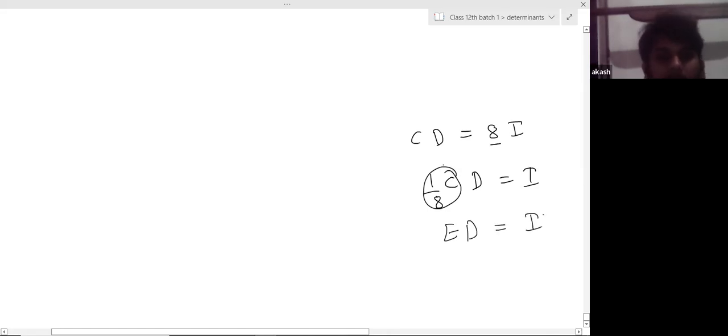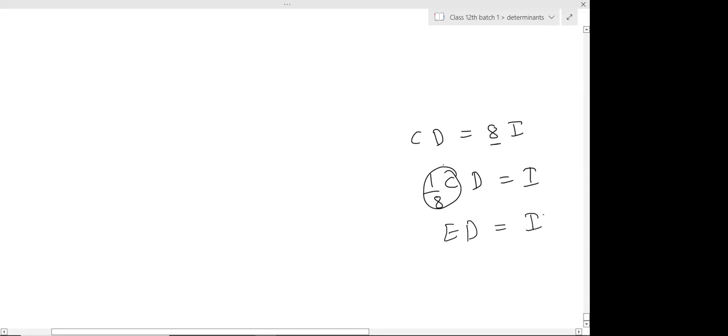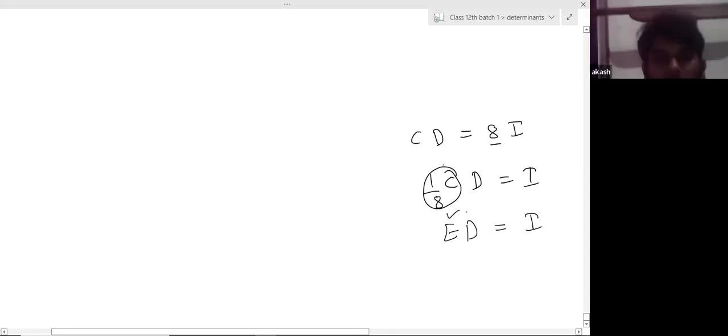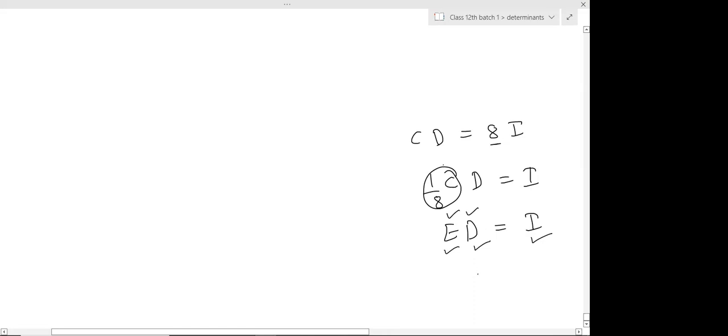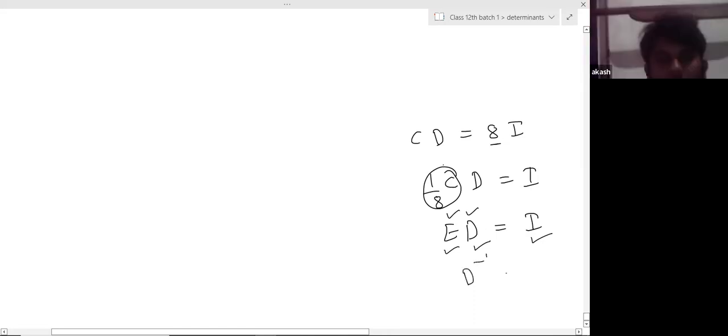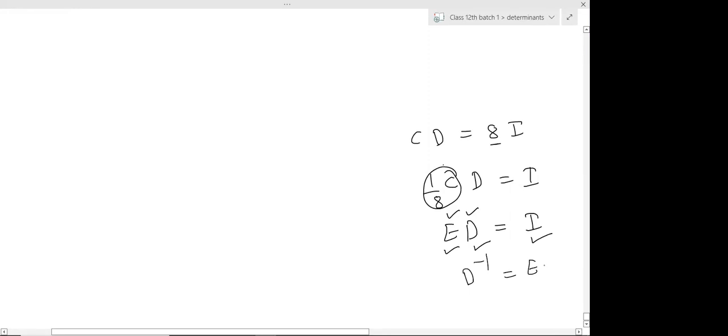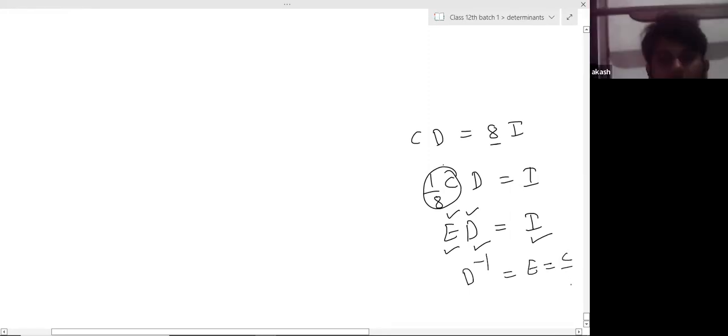This is clear. And we know that if we multiply two matrices and we get the identity matrix, then one is the inverse of the other. So can I write D inverse is E matrix? Yes. And E matrix is nothing but C by 8.